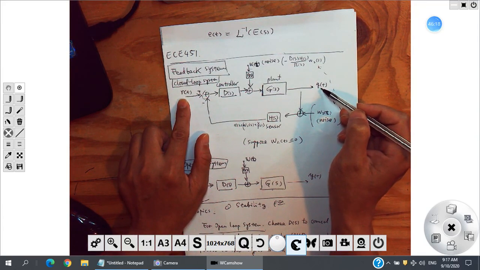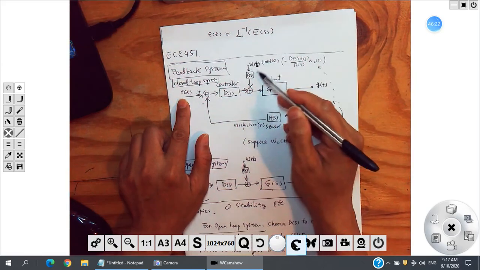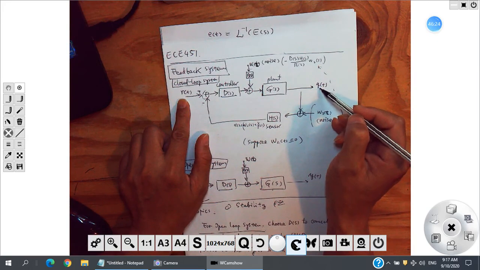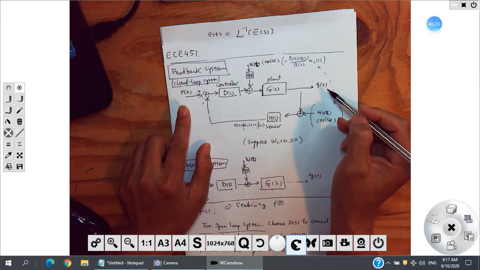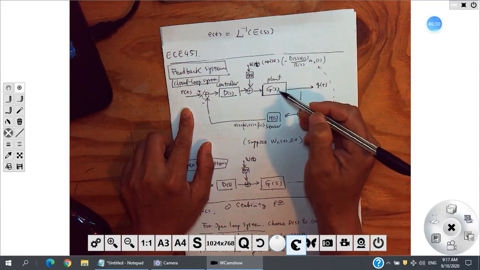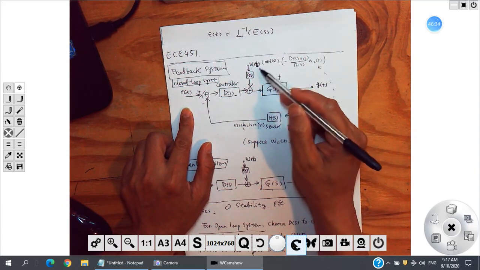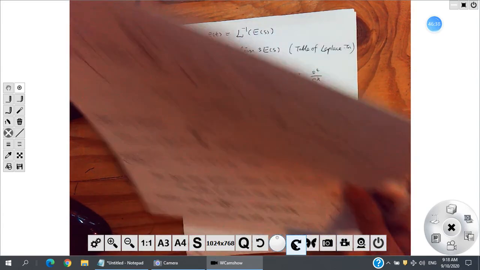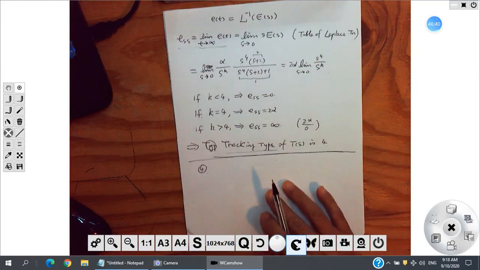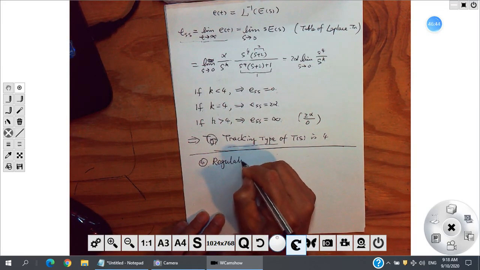You want the output to be something, but because of the noise, the disturbance, the output changes. So here we hope the system can cancel this disturbance, this noise. That will be great. So we call this the regulation problem.